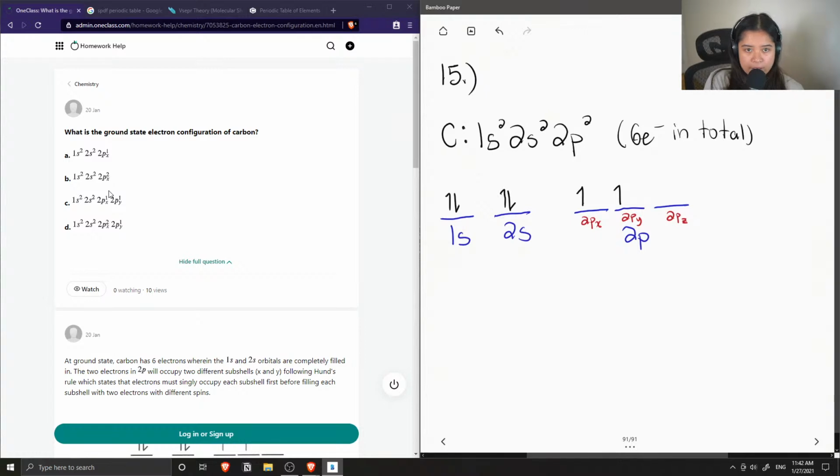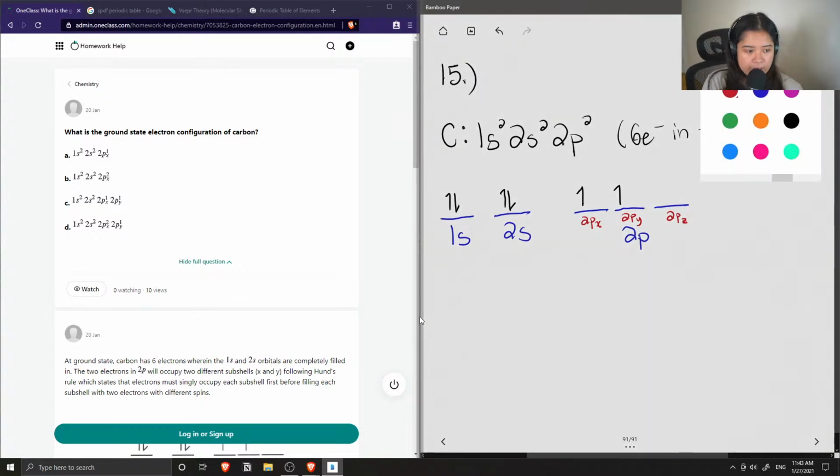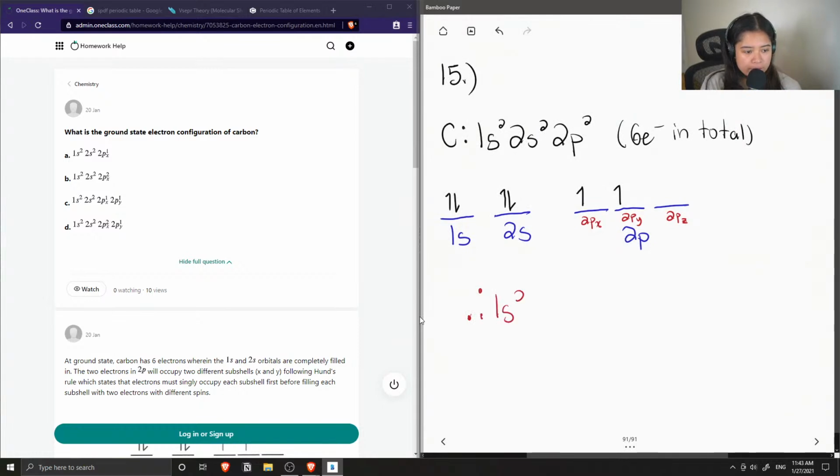So now we can rewrite our electron configuration as 1s2, 2s2, and then specifically we have 2px1 and then 2py1. So if we look at the options, they give us, this is option C.